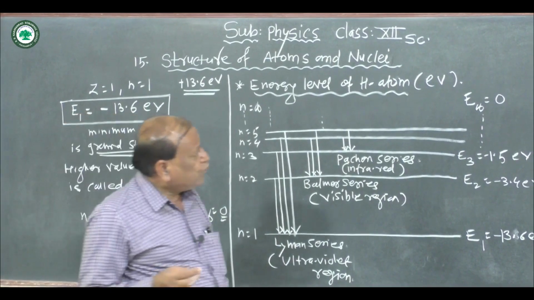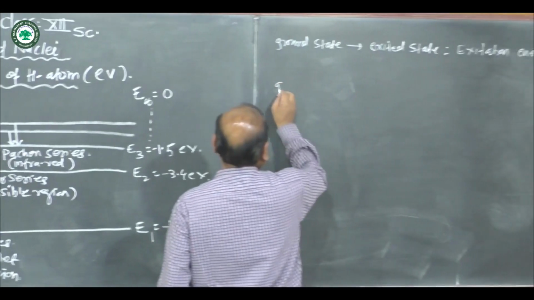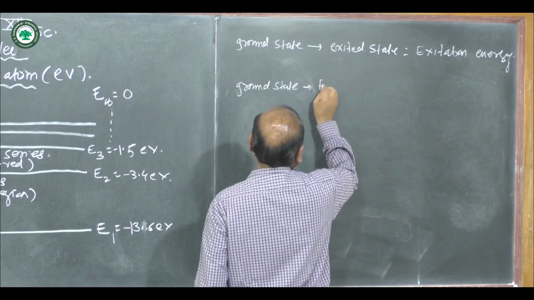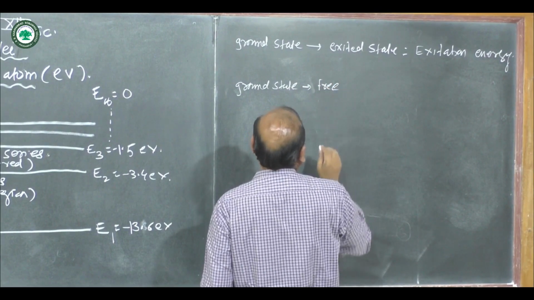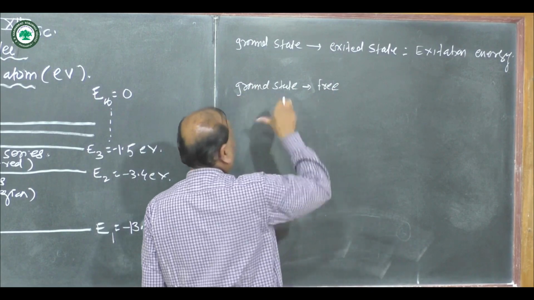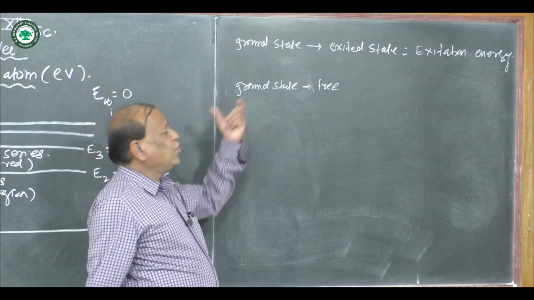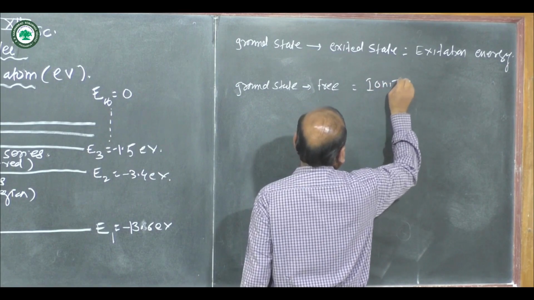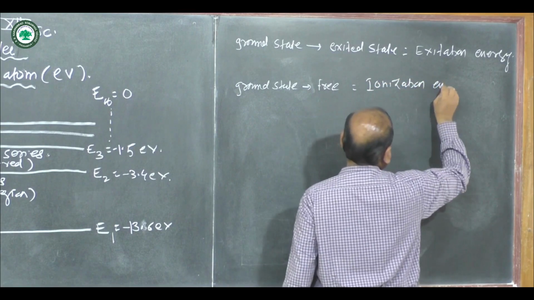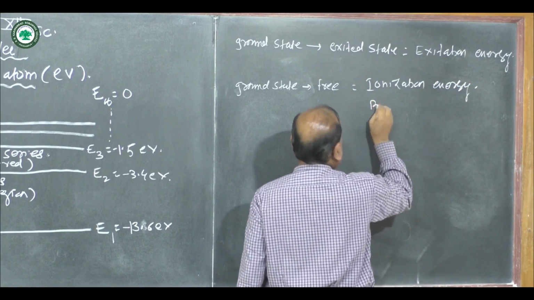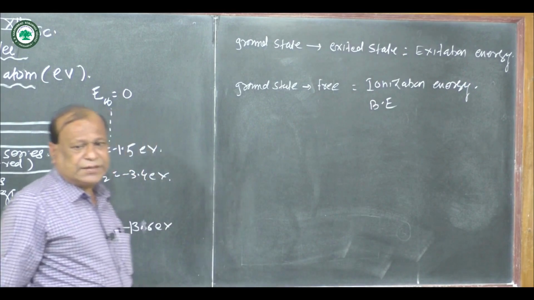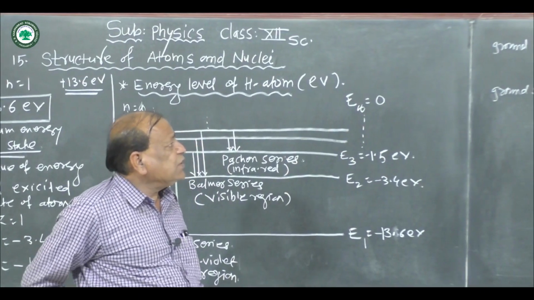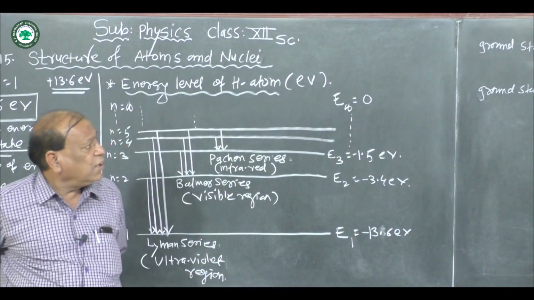That energy required to free an electron from the ground state is called the ionization energy or binding energy.